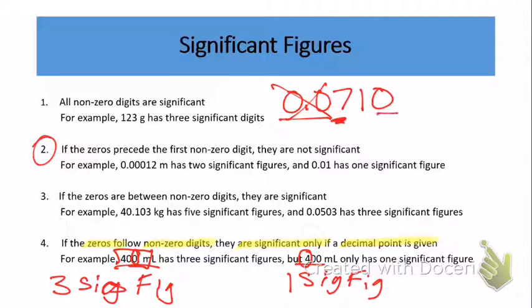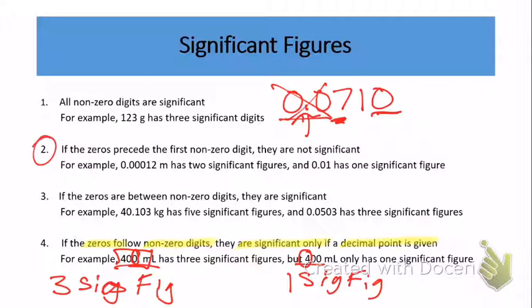The question is, what about that last 0? Is it significant or is it a placeholder? The question you have to ask yourself is, is there a decimal place in this measurement? The answer is yes. It comes towards the beginning, but there's still a decimal point. So therefore, that 0 must be significant.